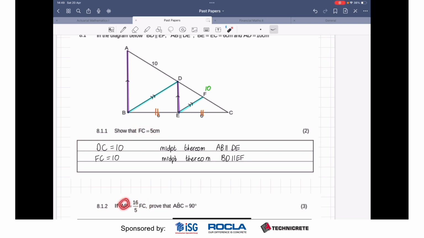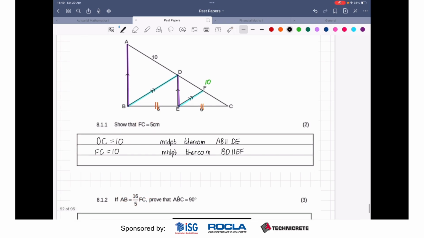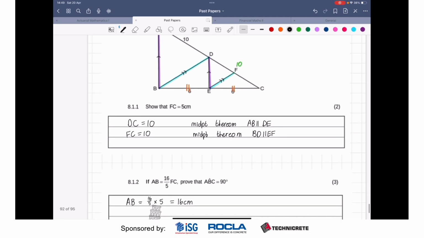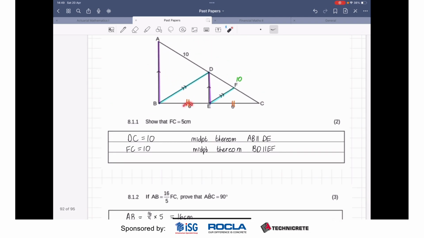So then AB must be 16 over 5 times 5, which is 16. And we know that this one is 6 and this is 6, so the whole length of this side, BC, is 12.